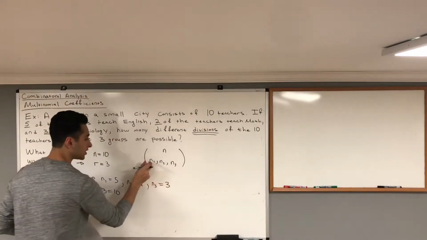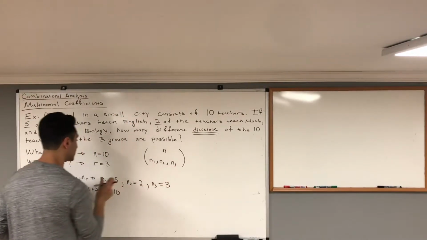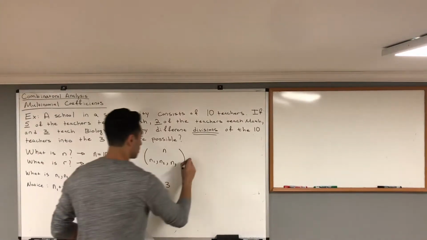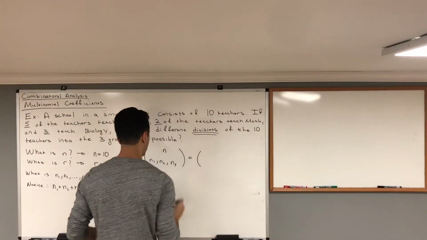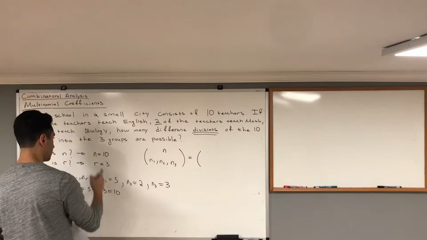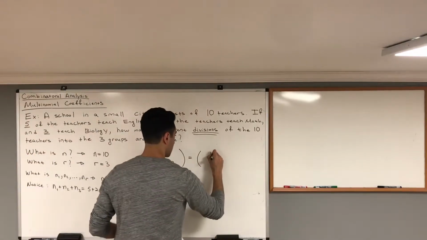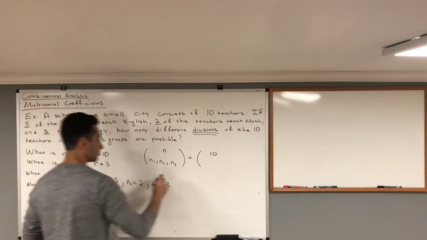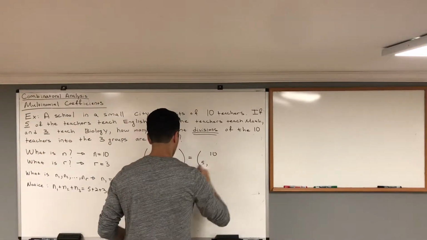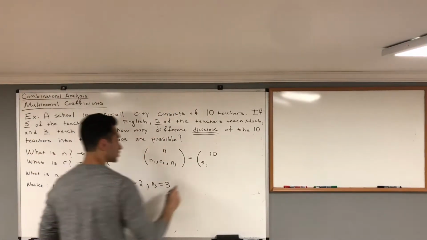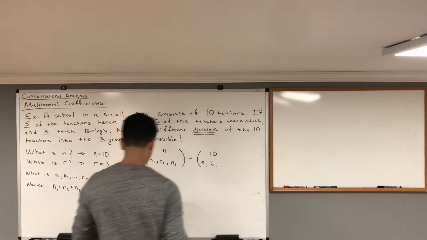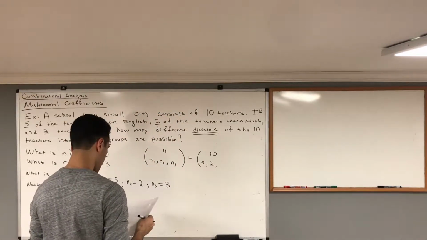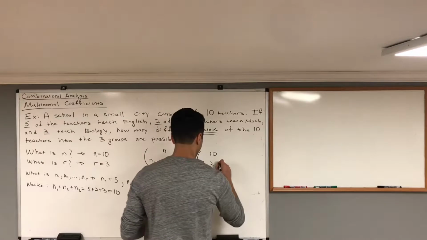Remember, these denote the number of items in each group. So in this case, our n is 10. You're choosing for your first group 5, then for your second group 2, and then 3.